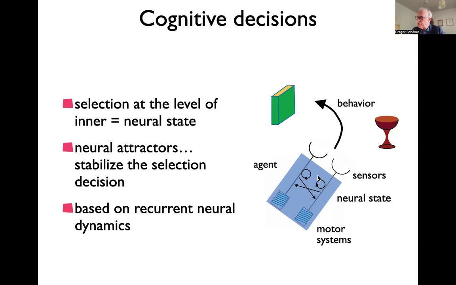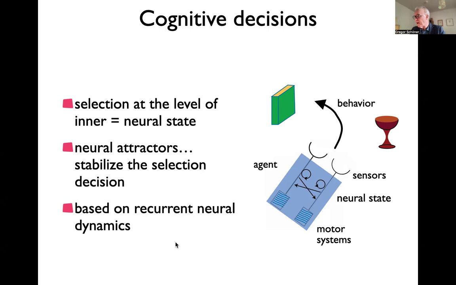And our argument is that that inner state also needs to stabilize the decision, so that as the vehicle has variable sensory information, for instance, about the possible choices, it will not flip-flop between the possible choices, but will be stabilized on one of those particular choices, maybe until there's overwhelming evidence in the opposite direction.